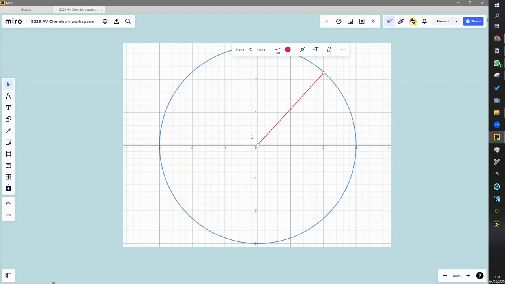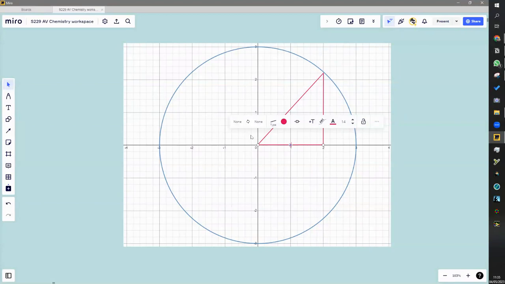right. Now, that would be the radius, but also I can draw a triangle. So if I go down like that, and then I go across to the origin, the length of this base we can see is 2.